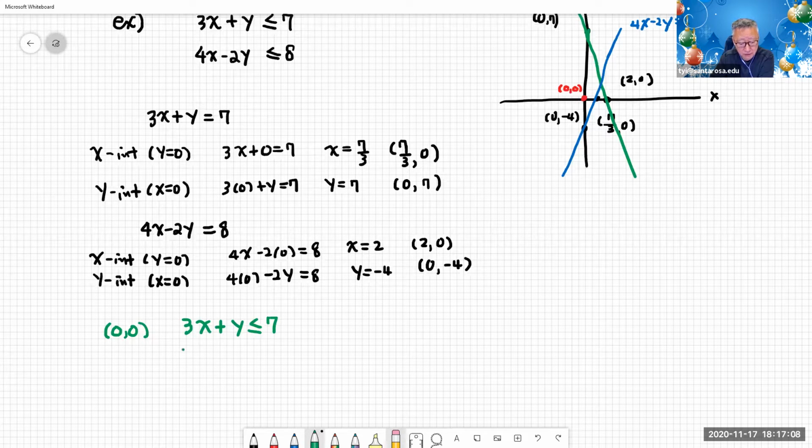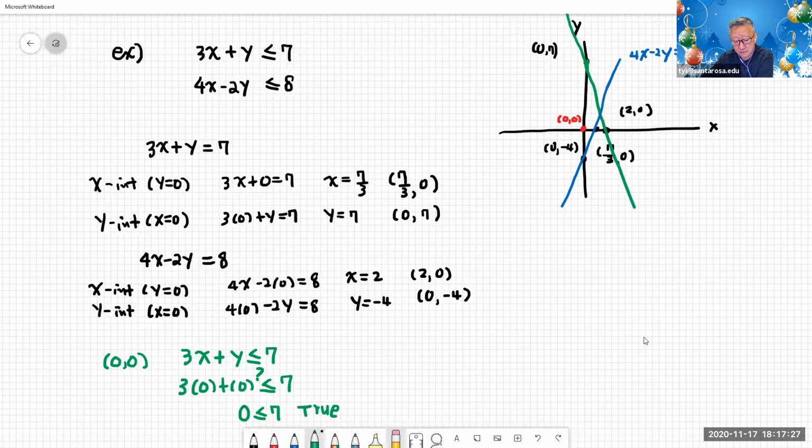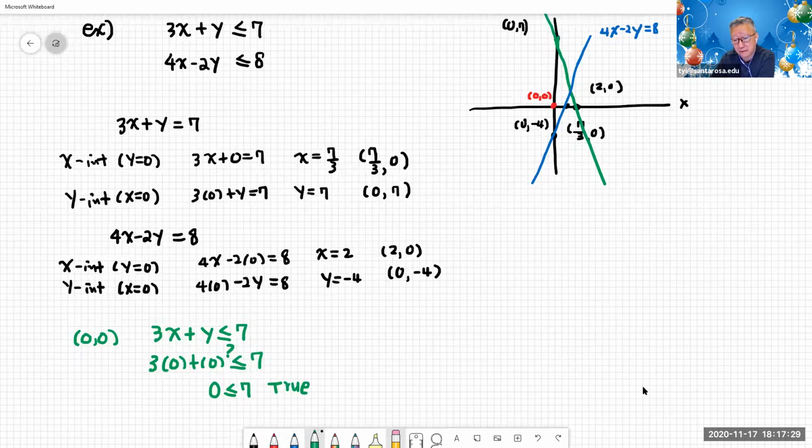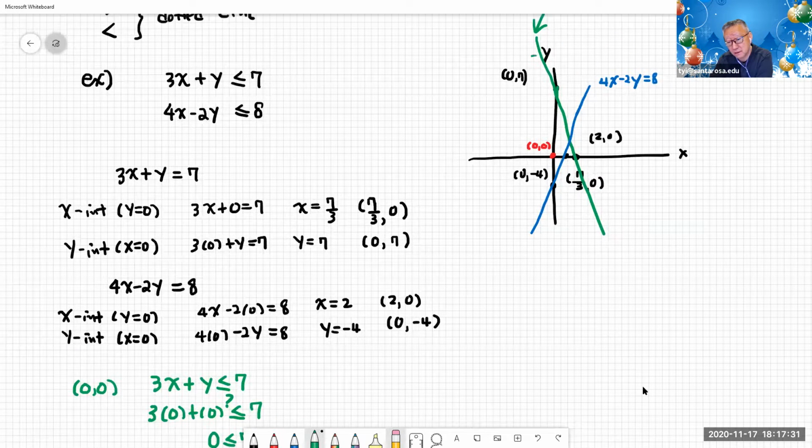Let's plug that in and see if it's true. Is this going to be less than 7? That's 0 is less than or equal to 7. That's true. So we are going to shade the area of (0, 0), so that's going to be the area here.